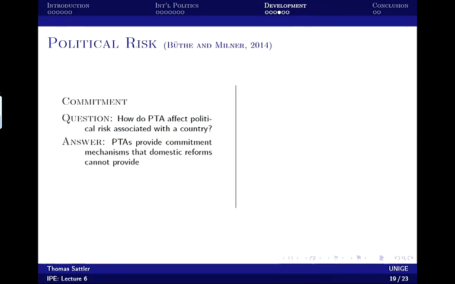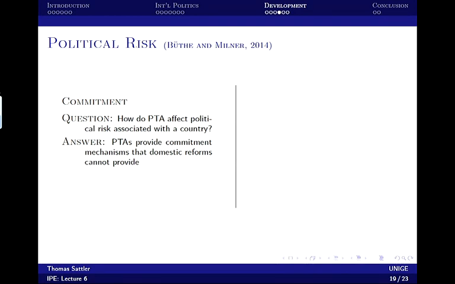Any domestic reform could be taken back at any point, but not if it's basically locked in by a preferential trade agreement. So what will you look at? Yes? So you look at foreign direct investment, and you look at whether foreign direct investment actually increases after you sign such an agreement, right?